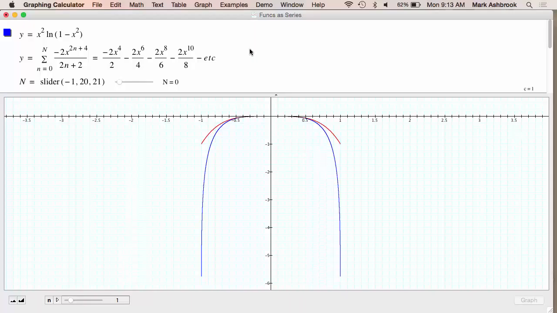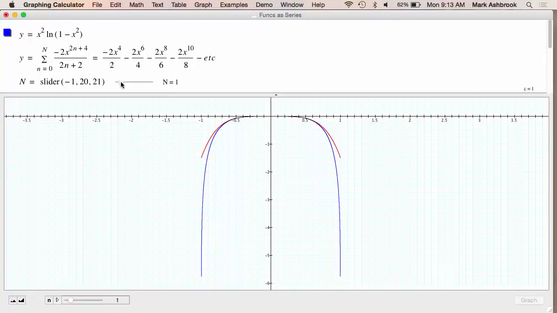So every time I add on another term of the series, it's going to get closer and closer to the value of the series. So if I go from n equals 0 to capital N equals 1, now I'm adding the first two terms. Now that's the first two terms, capital N equal to 1. And so it's a little better approximation of the actual graph.